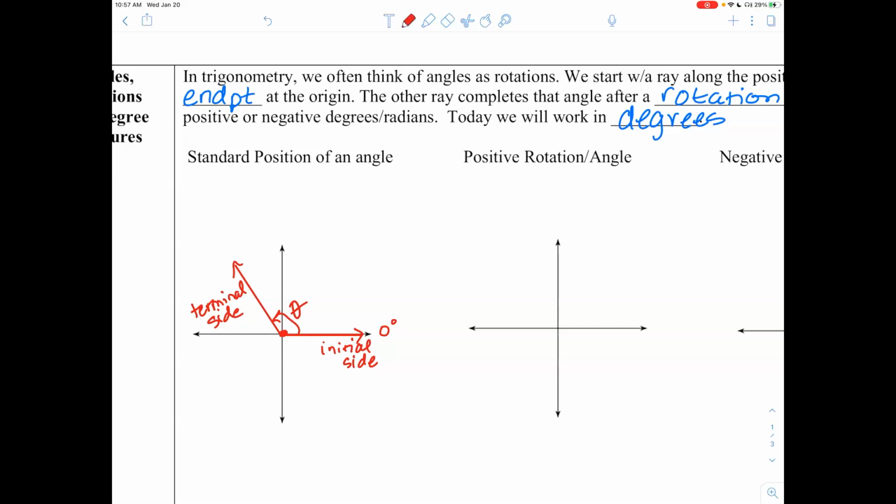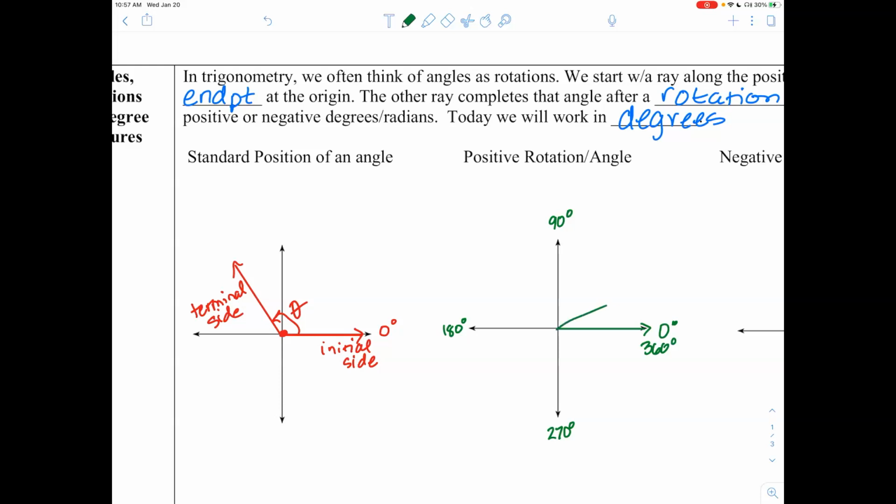So a positive angle does this. I'm going to do positive angle in green today. So here we have our angle at 0 degrees, and up here is 90 degrees. And as I rotate counterclockwise from 0 degrees, I'm finding all of the quarters of 360 degrees here, all the way back around to 360 degrees.